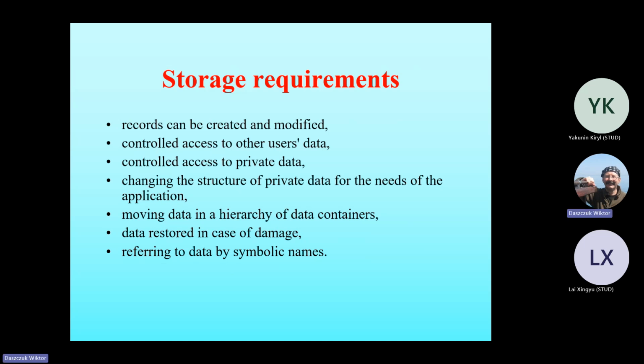If the manner of accessing the file is corrupted, we can take some actions to restore. Referring to data by symbolic name. So my file is not the third file in the fifth directory. I can give a name to the file, a name to the directory, just like on the internet. Okay, the physical IP address is 4 or 6 bytes, but we do not use this addressing. We use PW-EDU-PL for our university.